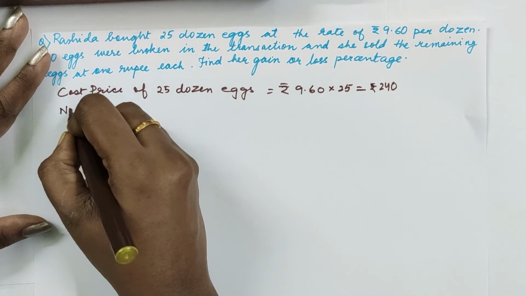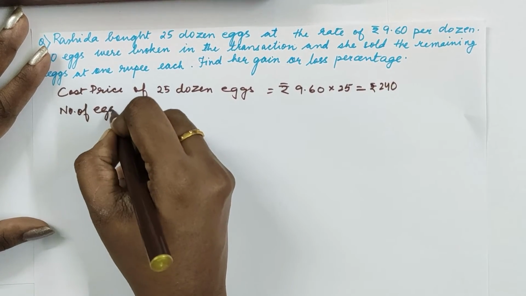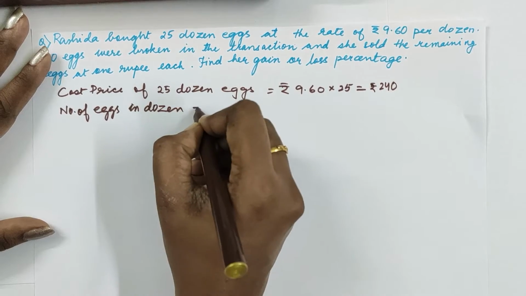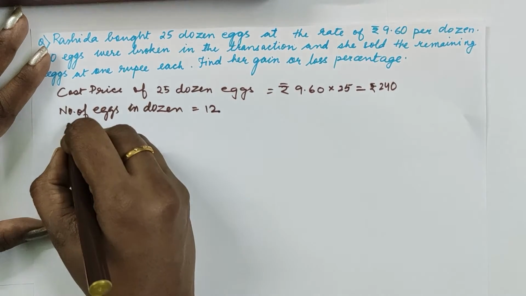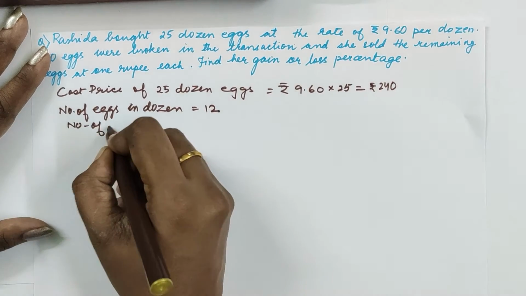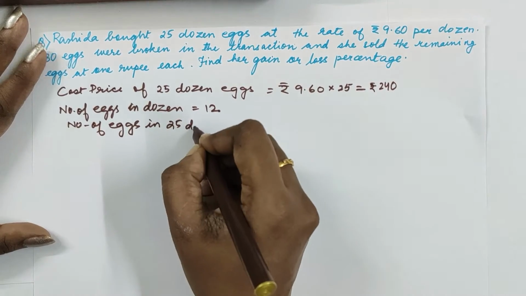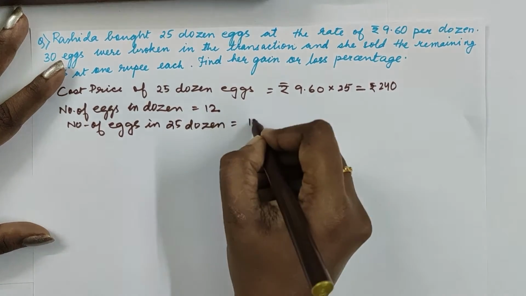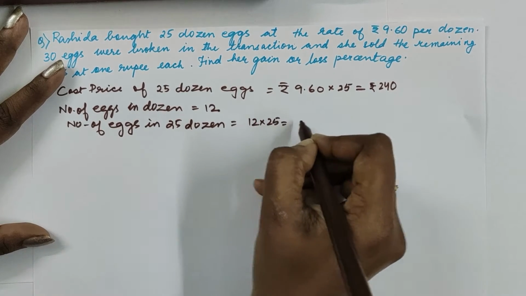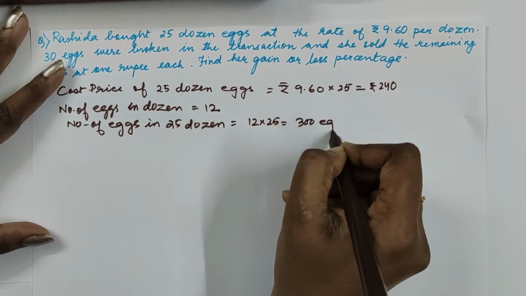Now how many eggs are there in a dozen? You all know that a dozen has 12 eggs. So if I am buying 25 dozen, so the number of eggs will become 12 into 25, that is around 300 eggs.